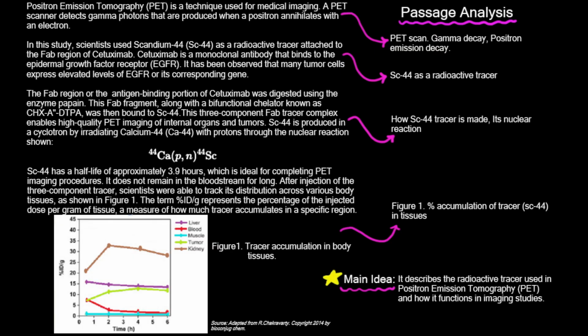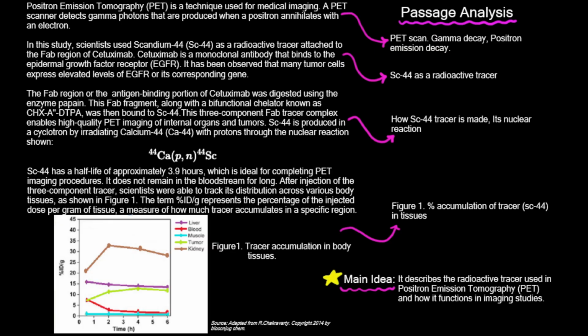The next paragraph says: in this study, scientists used scandium-44, Sc-44, as a radioactive tracer attached to the Fab region of cetuximab. Cetuximab is a monoclonal antibody that binds to the epidermal growth factor receptor, EGFR.